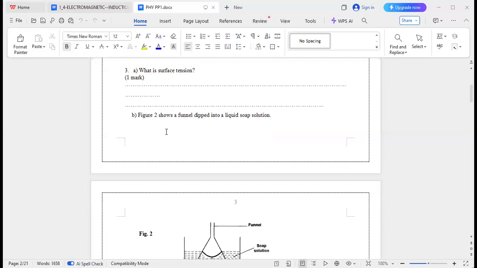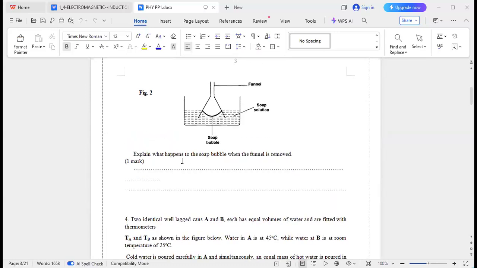Part B, figure 2 shows a funnel dipped into a liquid soap solution. We can see the funnel over there. Explain what happens to the soap bubble when the funnel is removed. We are told to explain, 1 mark. The bubble moves up to a flattened film.